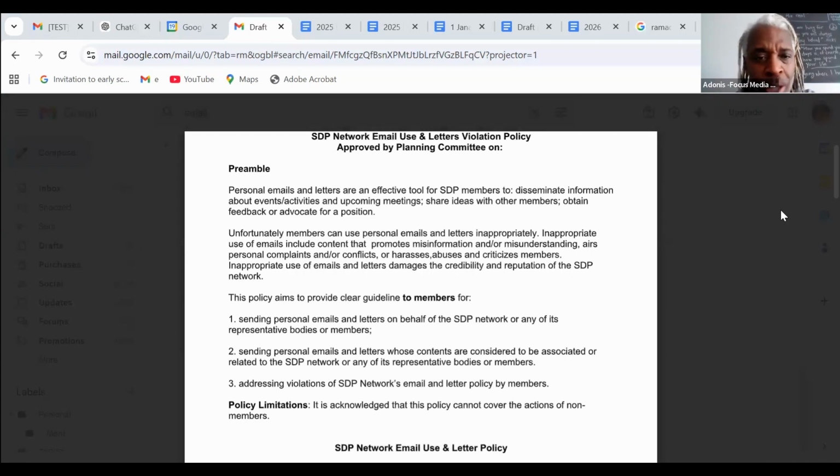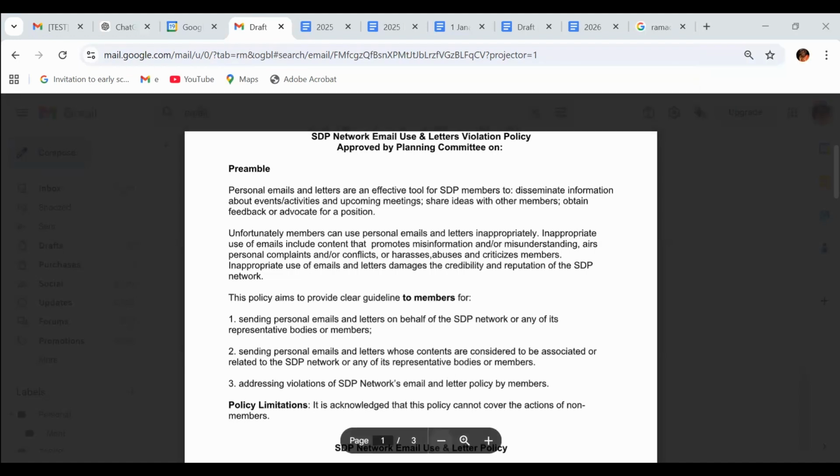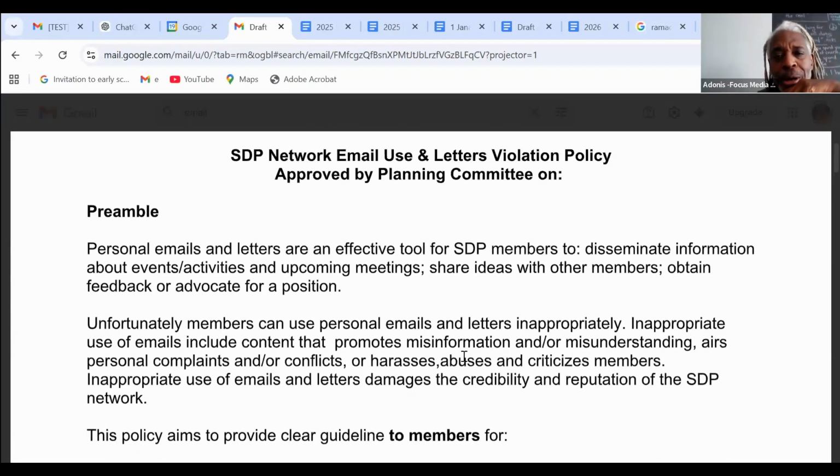Wally, can you bring it up, zooming in? It's called the SDP Network Email Use and Letters Violation Policy. Again, this is not approved. It's just something that we are in draft about. And I'll just go through it. Preamble: personal emails and letters are an effective tool for SDP members to disseminate information about events, activities, upcoming meetings, share ideas with other members, obtain feedback, or advocate for a position.